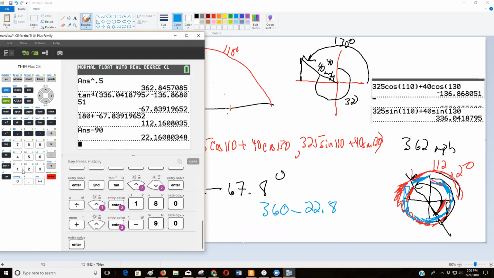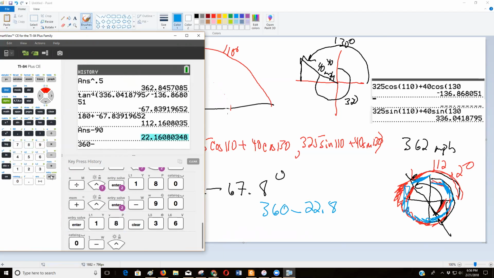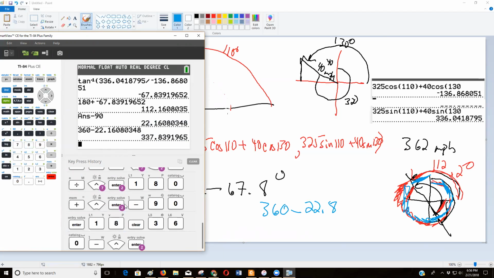And yes, there's a lot of other ways you could do this, folks. Just the way I'm doing it right now. So 360 minus that answer. So it's flying in a direction of 337.8 degrees.